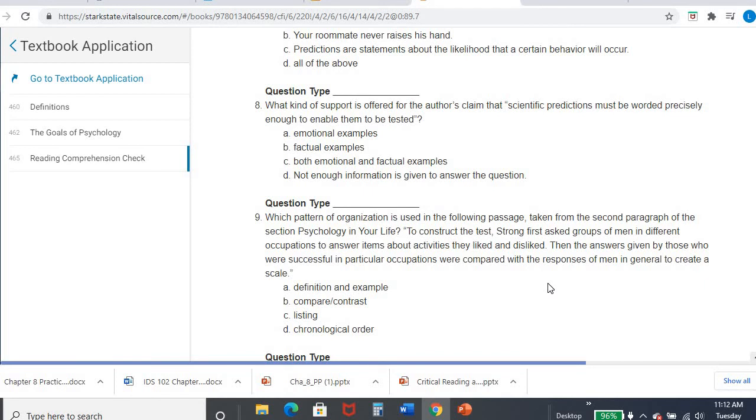All right. So hopefully you could see as they were talking about this, to construct the test, they first asked groups of men, then they did this. Some people might jump right away to compare contrast because they use the words compare and they use kind of like this, like they're going to like and dislike.